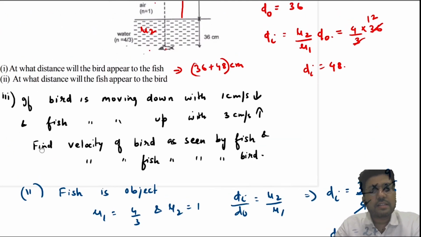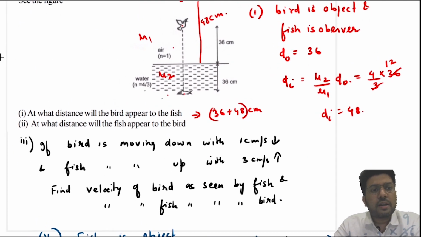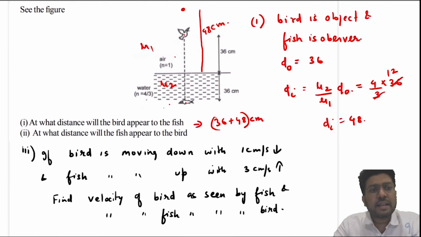So the distance between the bird and fish as seen by the bird will be, so this distance is 36 and this distance is how much? This distance is 27. Although it is actually at a distance 36, the bird will see the fish at a distance 27.